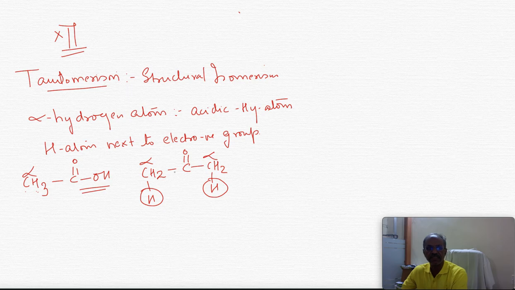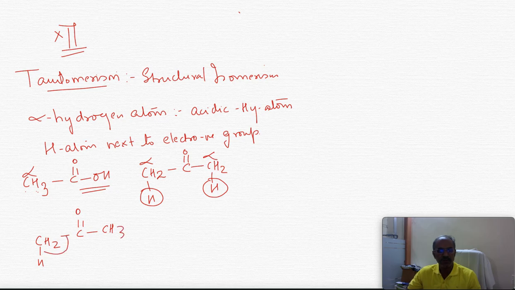So these are acidic. It is the shifting of these alpha hydrogen atoms. Suppose I do the shifting of this bond.